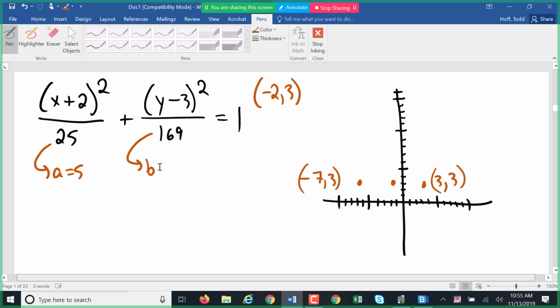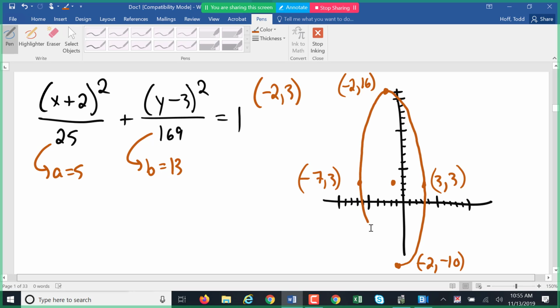B, the square root of 169, is 13. So up here 13 units, that's going to be at negative 2, 16. Down here 13 units, that's going to be at negative 2, negative 10. So it's going to be a very long, narrow ellipse.